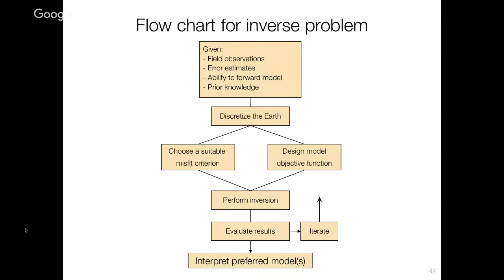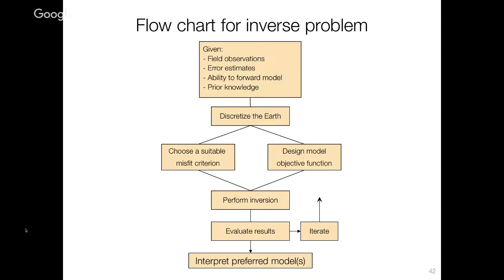And then something that generally doesn't get enough attention is designing your model objective function. What is the regularization functional that you want to use? Because for many problems, that's actually like the horse that's pulling the cart. You've got two constraints on your model.